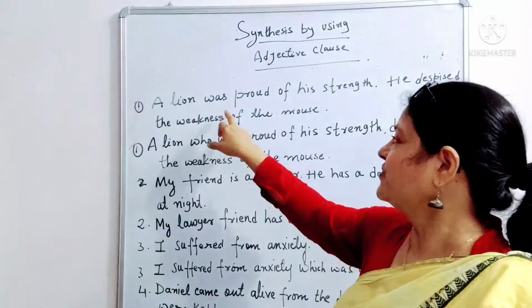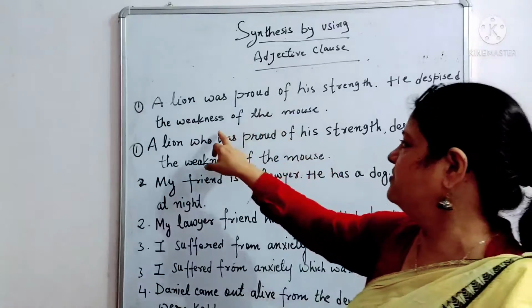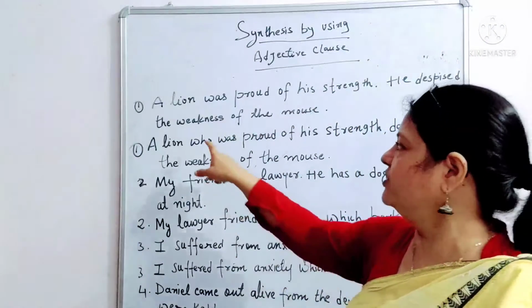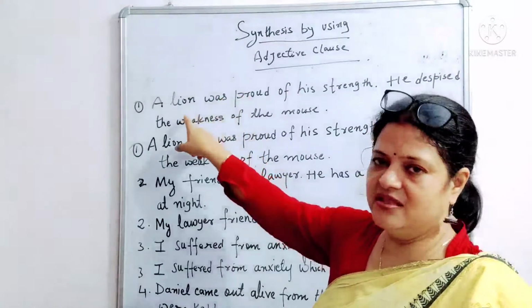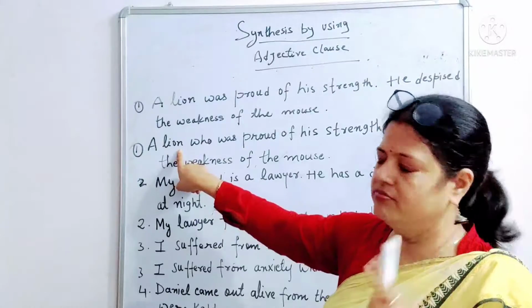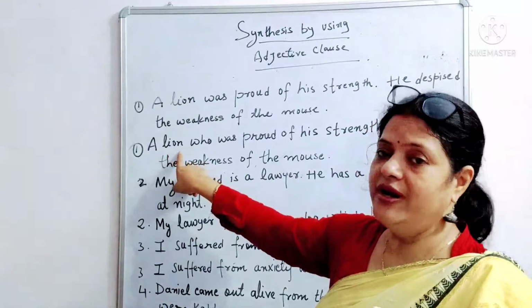So here we see, a lion was proud of his strength. He despised the weakness of the mouse. So what we do is, the lion, a lion. We see that in the principal clause we have a noun which is called lion.